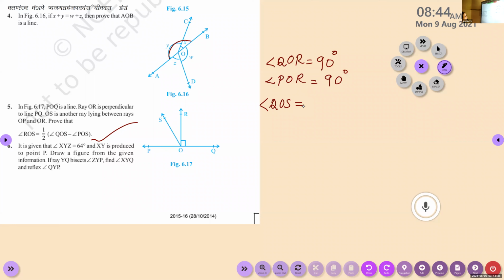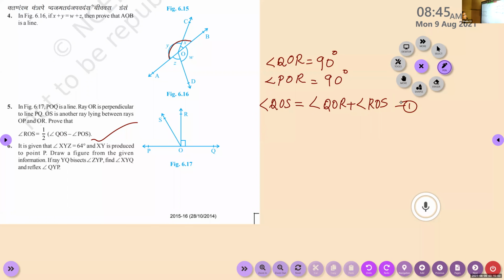Ma'am, angle QOR plus angle ROS. Angle ROS. Equation number 1.